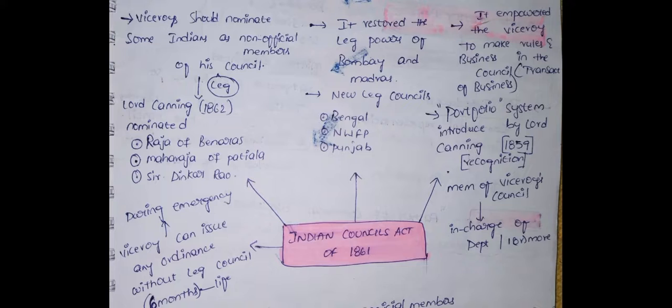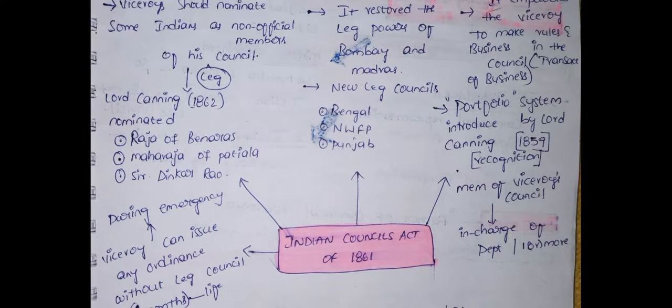It restored legislative powers of Bombay and Madras, new legislative councils were established, it empowered the Viceroy to make rules for the transaction of business, and the portfolio system was introduced by Lord Canning.